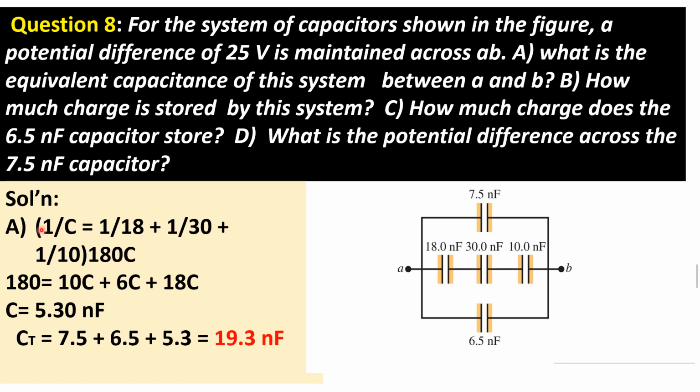When multiplied to each term in the equation, 180C divided by C, of course, is 180 on the left side of the equation, which is equal to 180 divided by 18 times 1, giving 10C, and 180C divided by 30 times 1 gives 6C, and 180C multiplied by 1 over 10 gives 18C.